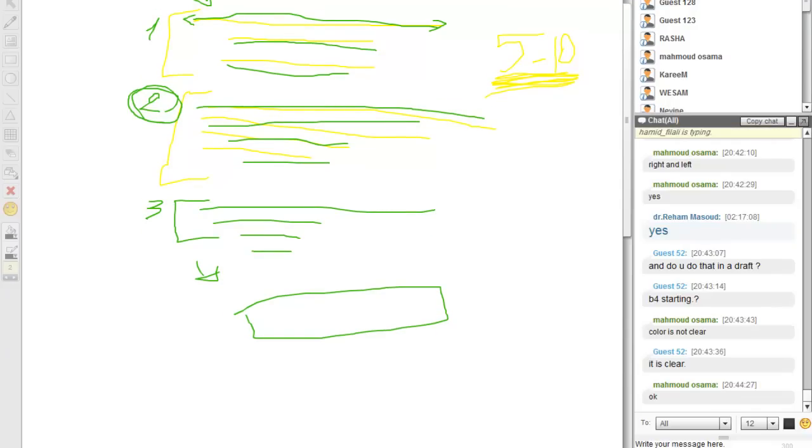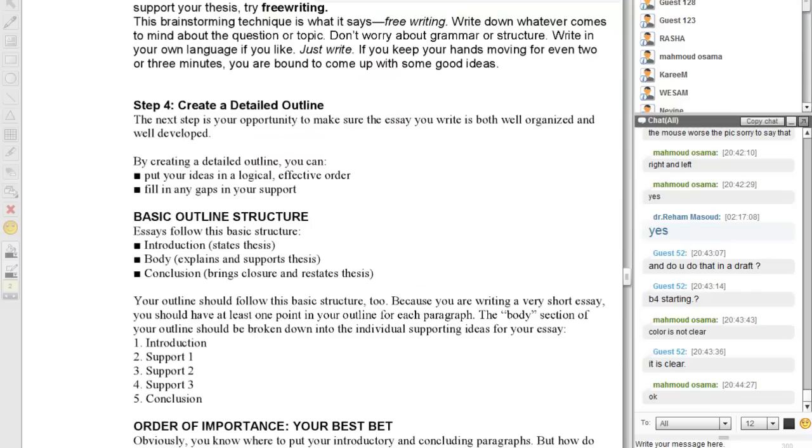I just want to make sure it will help you when you write your essay. You are going to talk about this sentence or this idea. You are going to write one sentence and then 2 sentences about this point, or one sentence about this point, and one sentence about that point, you know what I mean?